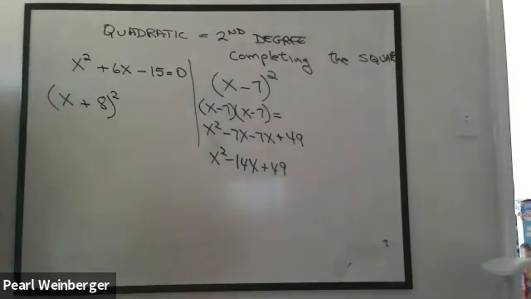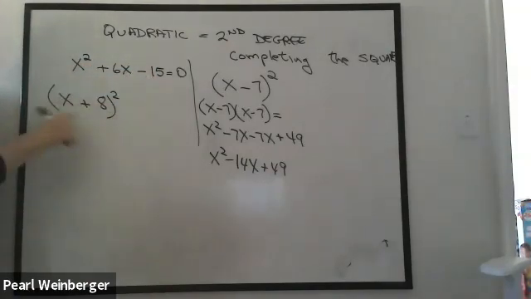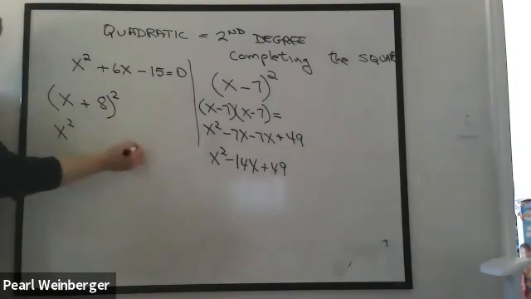If I want to do this expanding of the binomial quickly, I'm not going to do the whole FOIL. I'm going to remember the pattern. The pattern tells me the first term is the first term squared, x times x, which gives me x squared. The last number is the last number squared, 8 times 8, so that gives me 64.